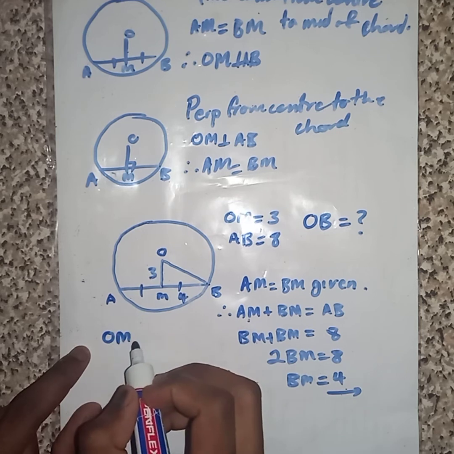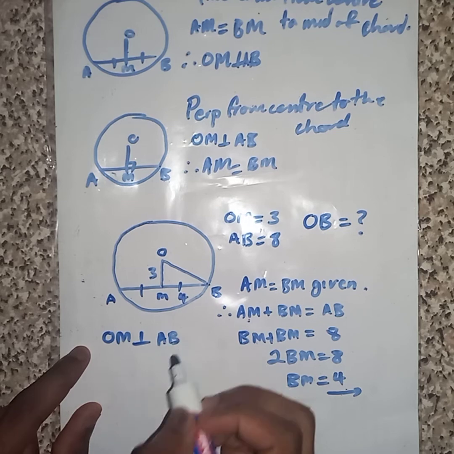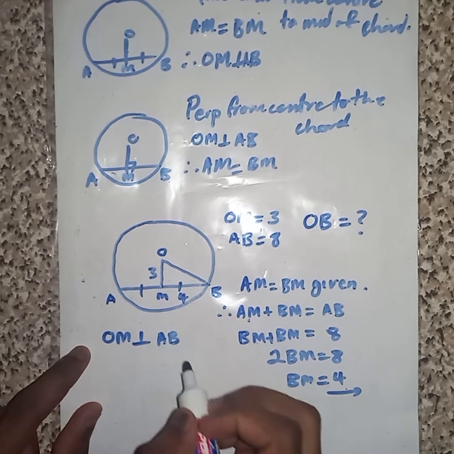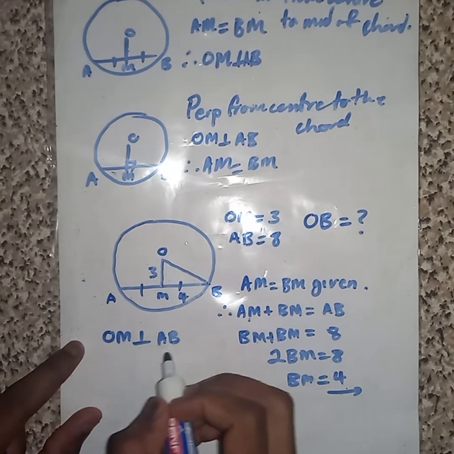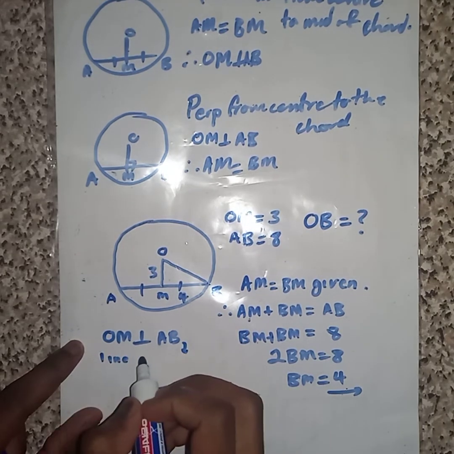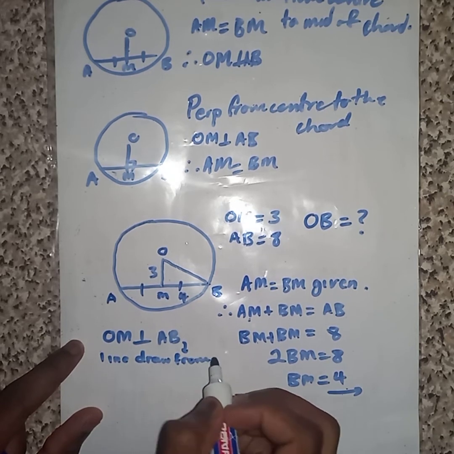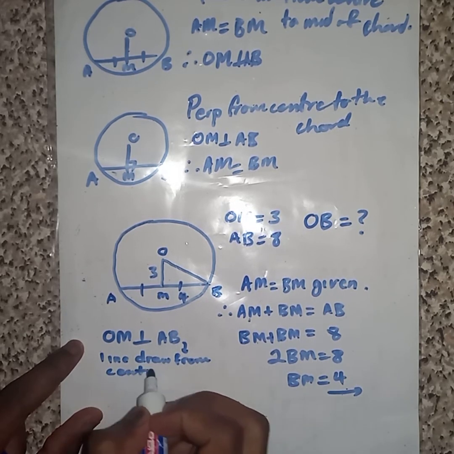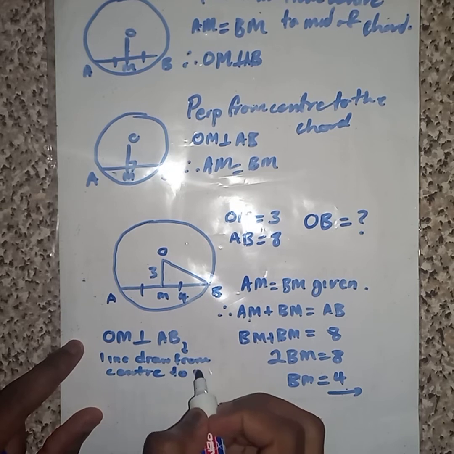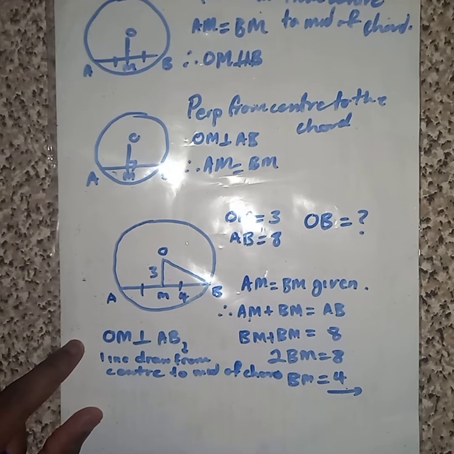Then OM is going to be perpendicular to AB. The reason here is going to be line drawn from center to midpoint of chord. See?